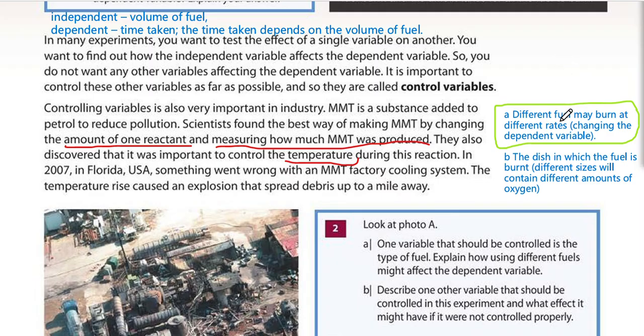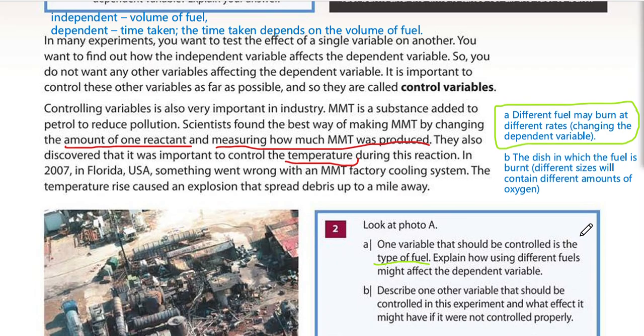Alright. Okay, next question they are asking in part B. Describe one other variable that should be controlled in this experiment. Now one thing is type of fuel. Another variable that you need to control. If not, what effect it might have if it was not controlled properly, right?